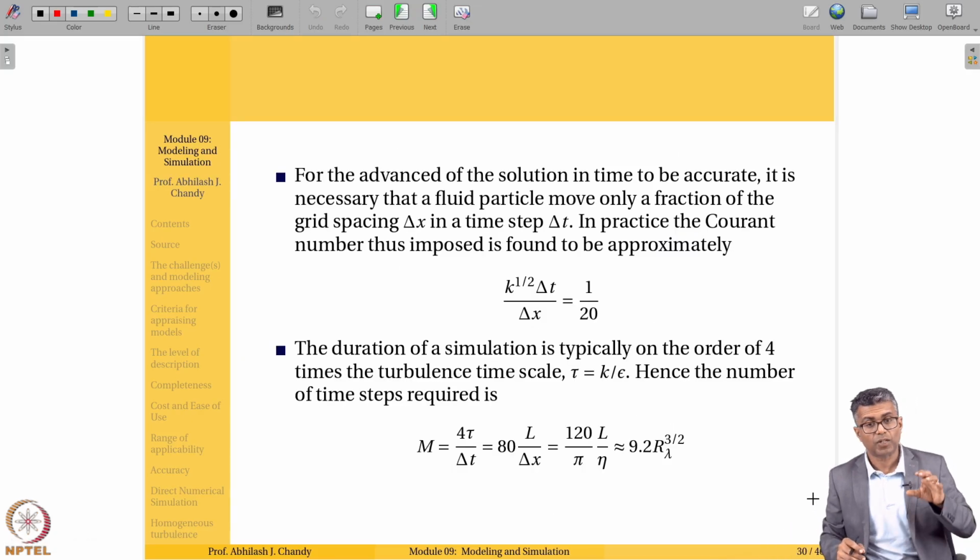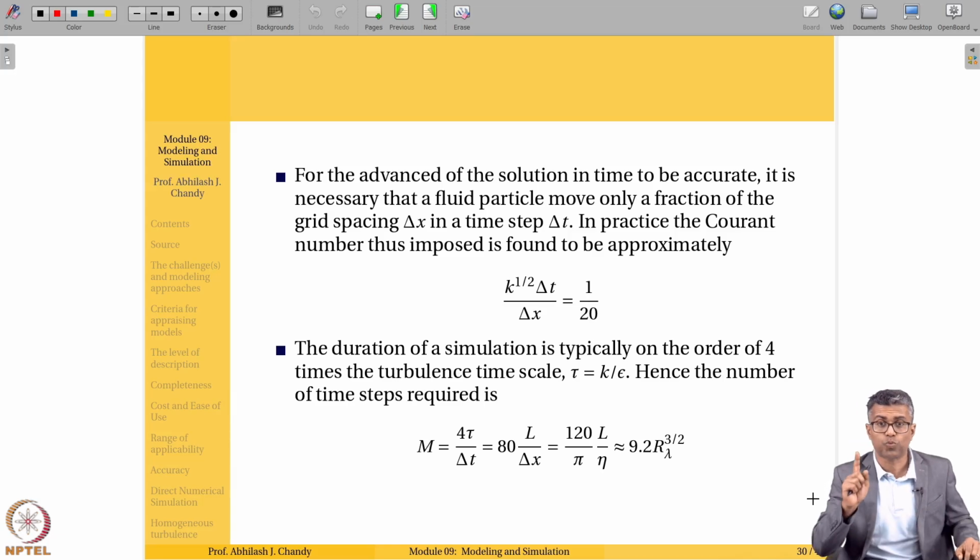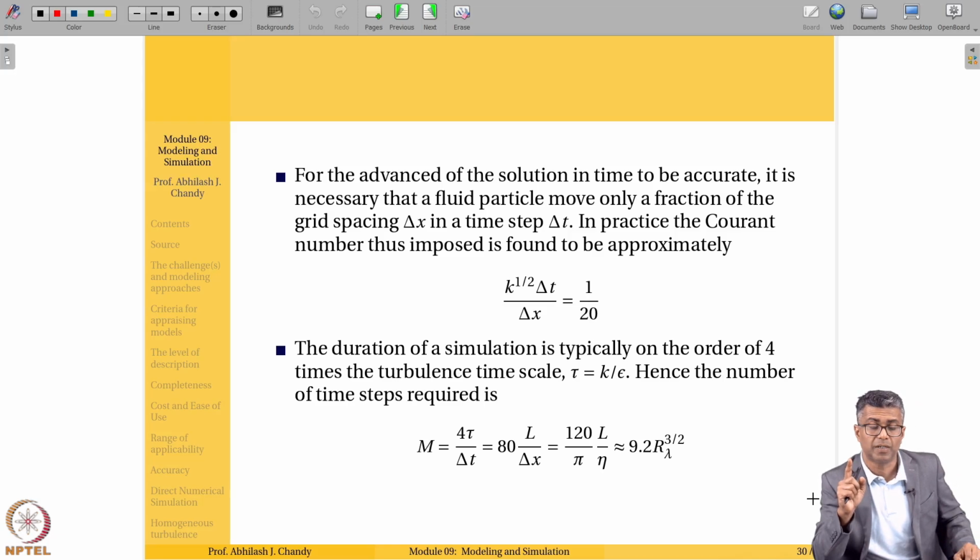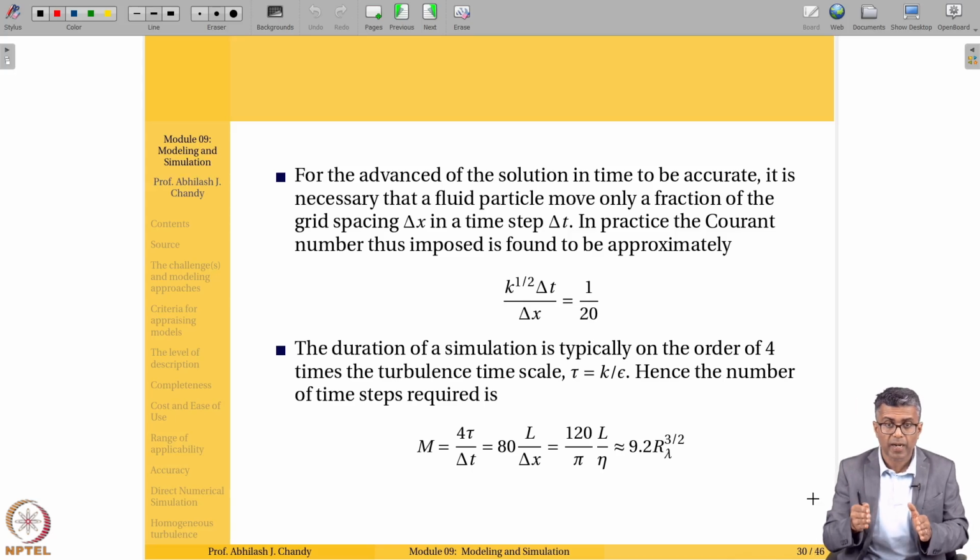And that is only with respect to the Fourier modes. In order to determine the total computational cost, there is one more aspect that we need to consider, and that is the time step, because you are actually solving the transient equations. You are solving it with respect to time, which means temporally it also has to be accurate. Every velocity field that you give is at a single instant in time.